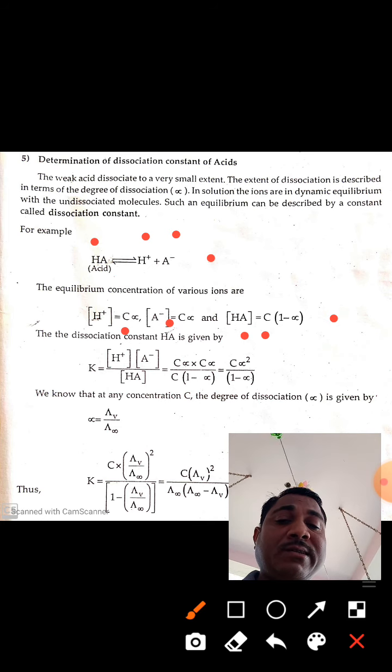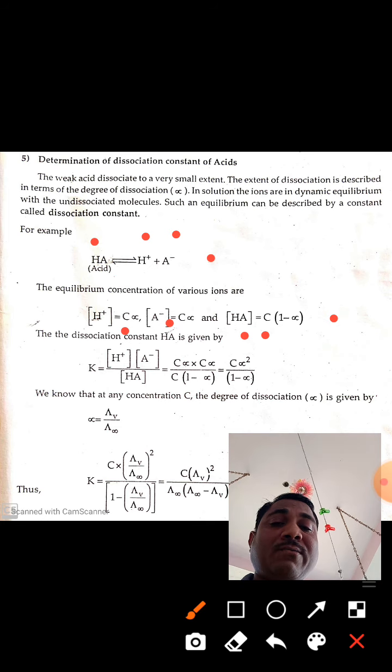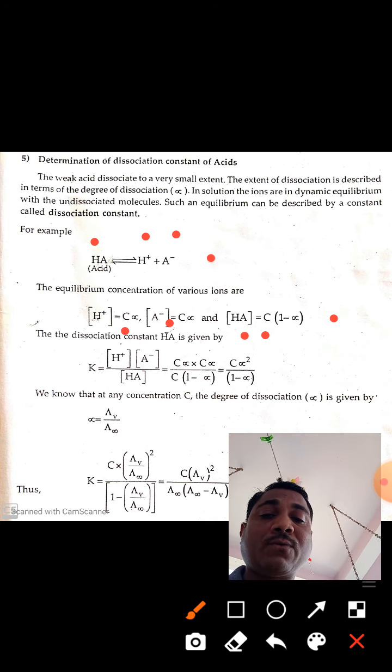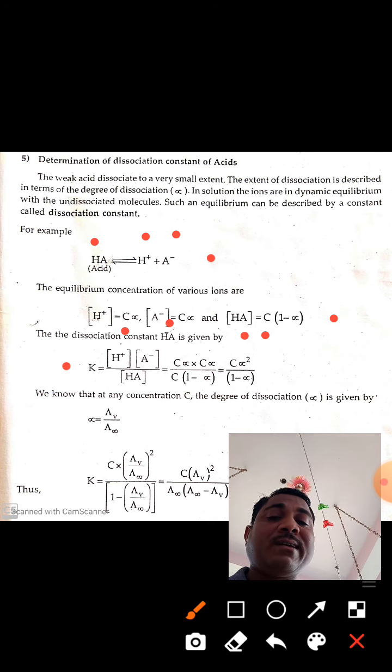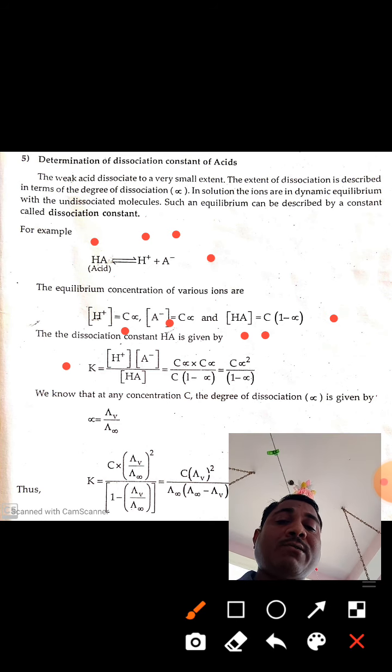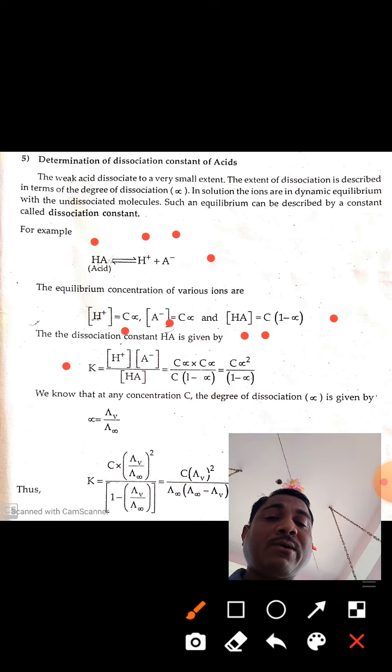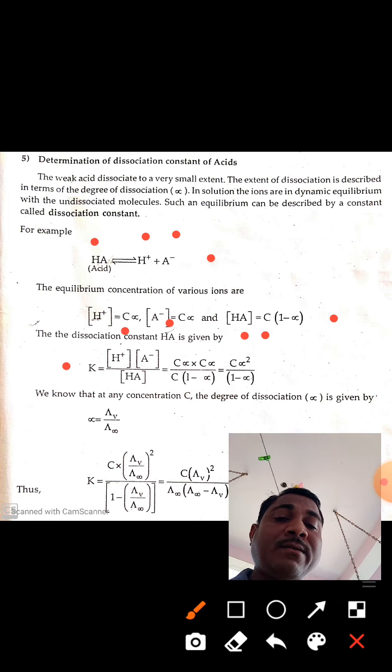The dissociation constant of HA is given as follows. How can we calculate the dissociation constant of the acid? K is equal to the concentration of H positive ion times the concentration of A negative ion, divided by the concentration of HA.